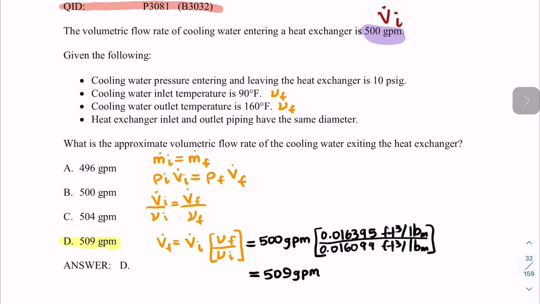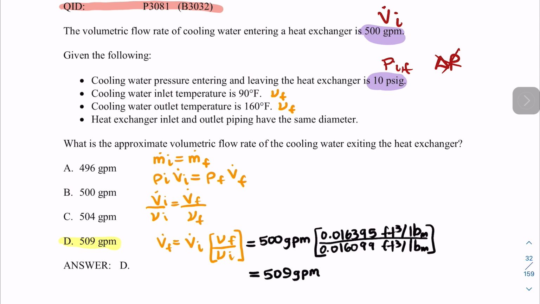And then it's giving me the following conditions. I have cooling water pressure entering and leaving the heat exchanger at 10 psig. So I have that pressure, right? In and out, there's no difference or change in my pressure.